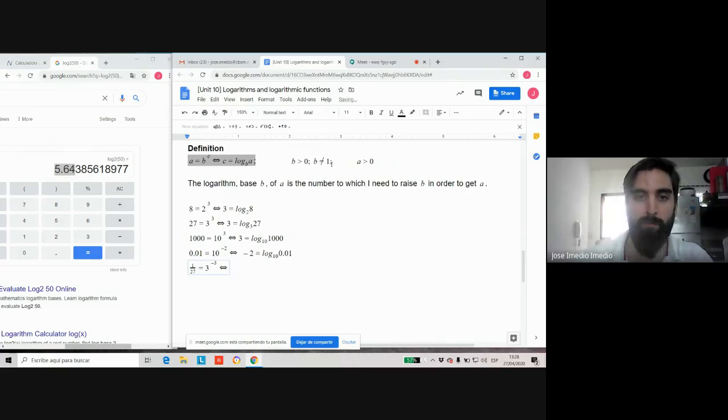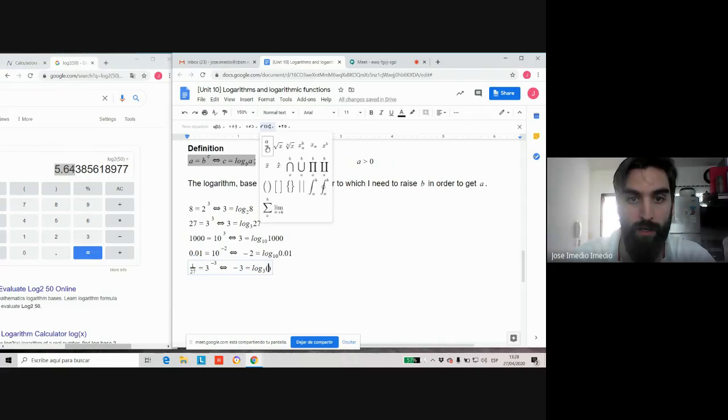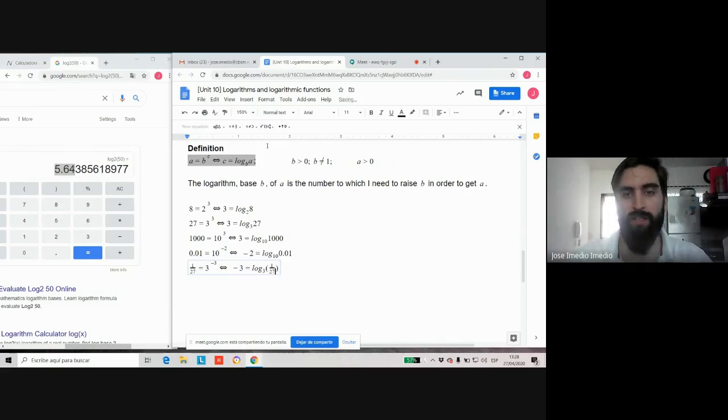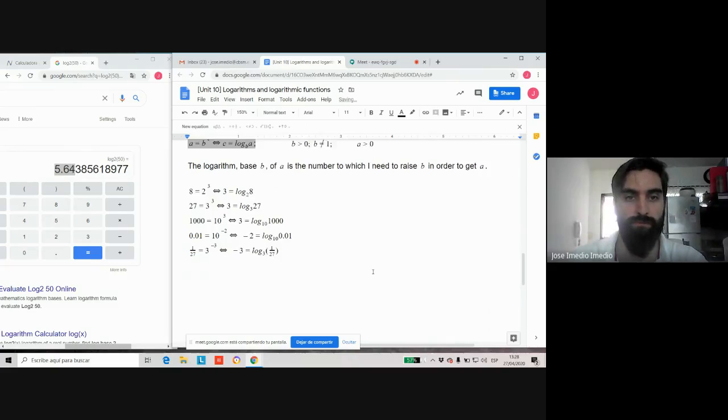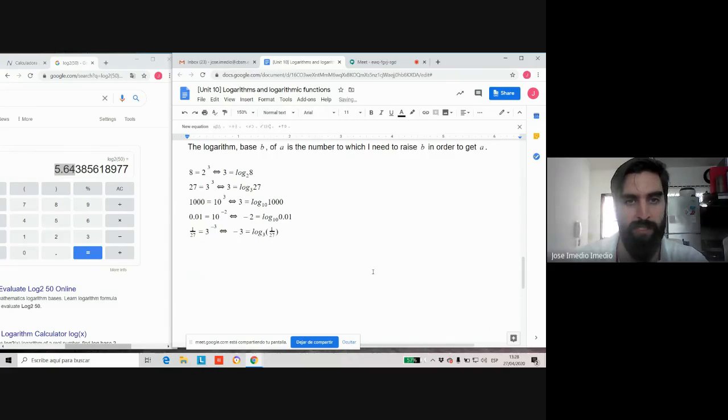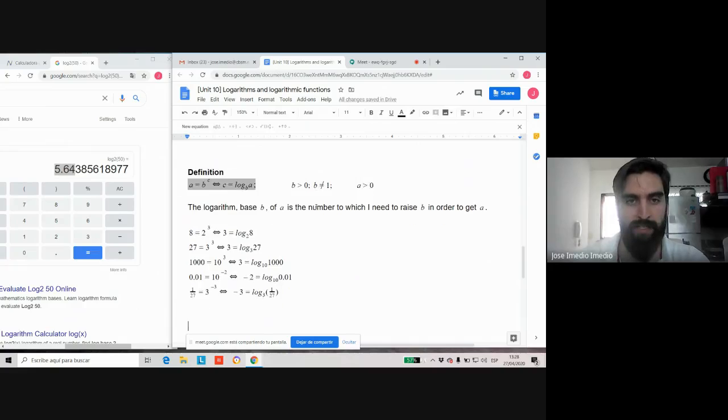So this implies that minus 3 equals the logarithm base 3 of 1 over 27. Okay, so that's it.